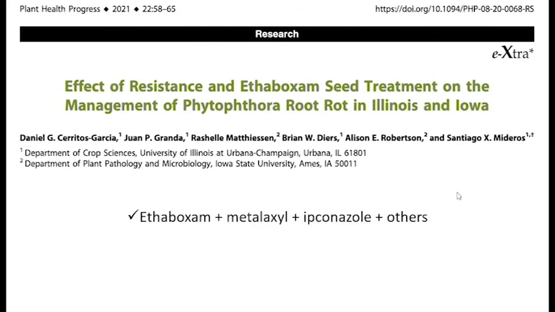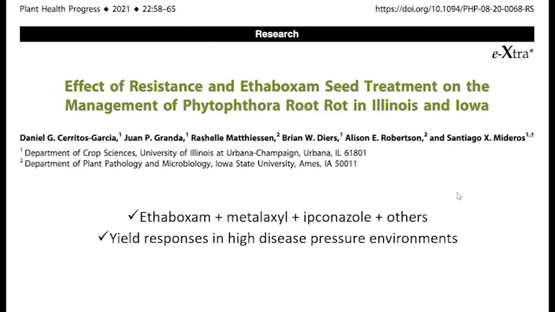It gave us significant levels of control for plant stands in the early season and also in the late season. Even yield responses, there were some increases, yield protection, I would say, in those environments that had high disease pressure, so environments that received a lot of rain early in the season. We got significant yield protection for the seed treatment.